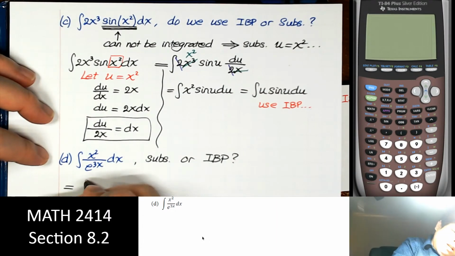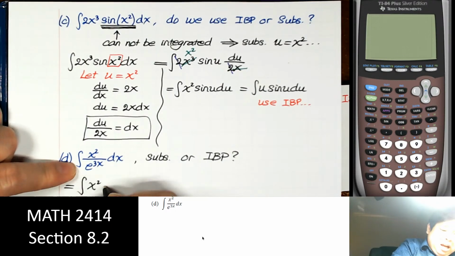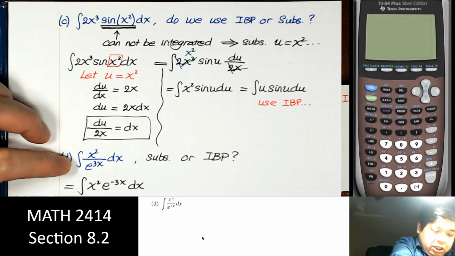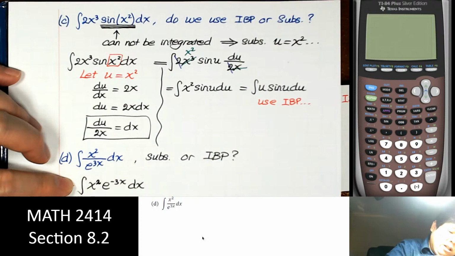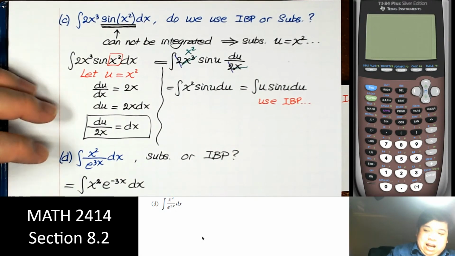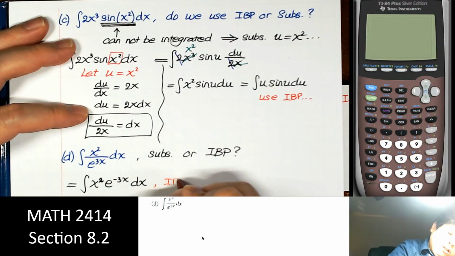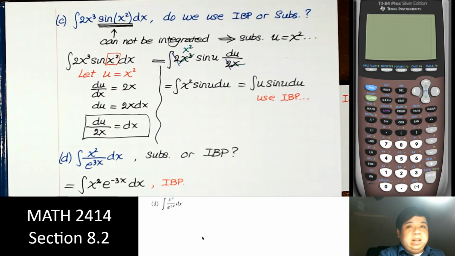So what I will do is move the a to the 3x from the bottom to the top and change the sign of the exponent. So I have x squared e to the negative 3x dx, and this one is definitely integration by parts, because e to the negative 3x is certainly something we can integrate.